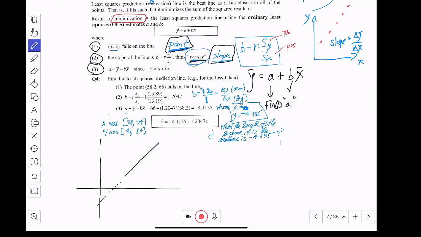Okay, so where this is X and this is Y, notice when X is 0, that's what would happen.